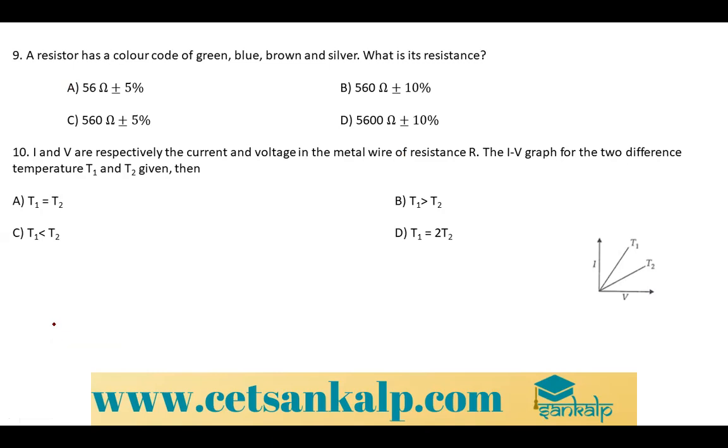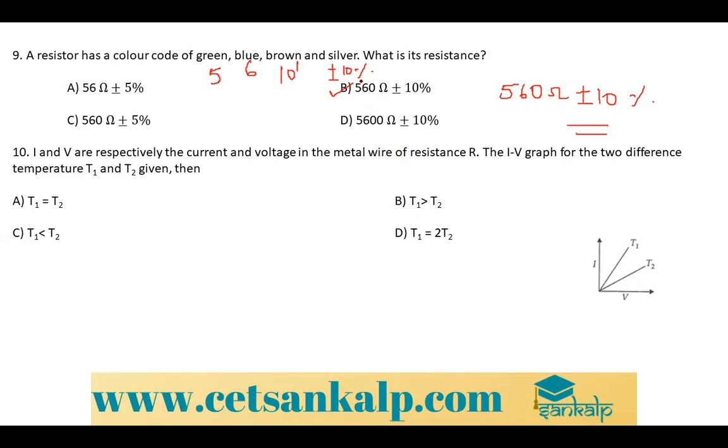So green 5, blue 6, brown 10 to the power 1, silver plus or minus 10%. So 56 into 10 to the power 1 is 560 ohm plus or minus 10%. So option B.